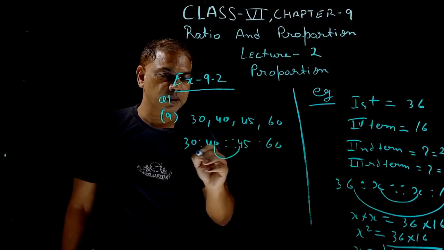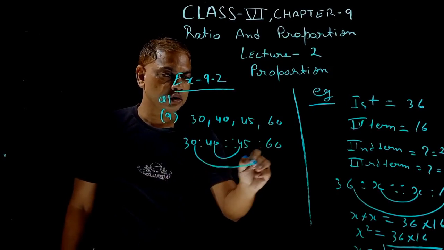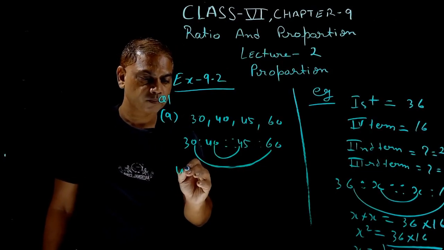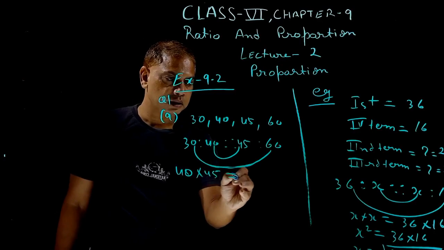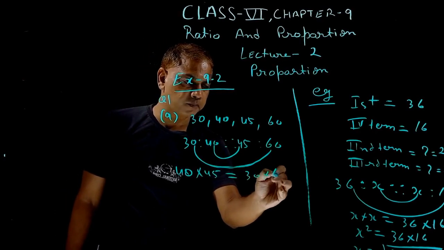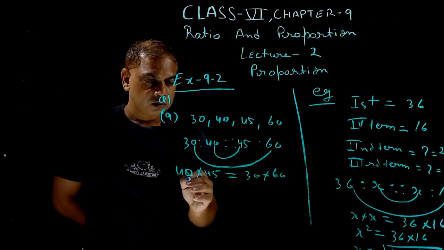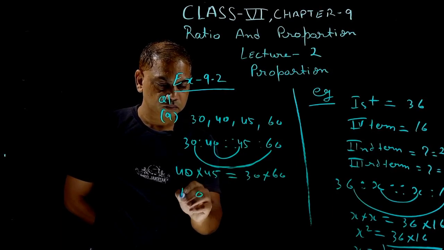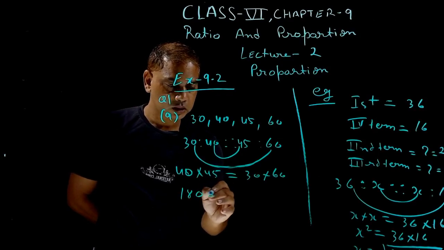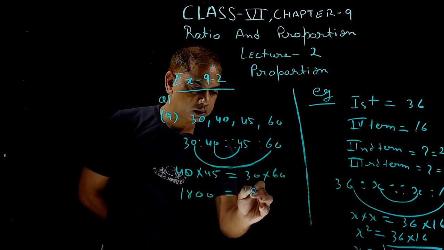POE is equal to POM. 40 into 45 is equal to 30 into 60. 1800, 6 threes are 18, 1800.